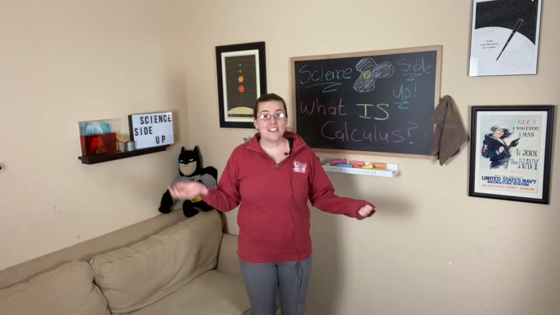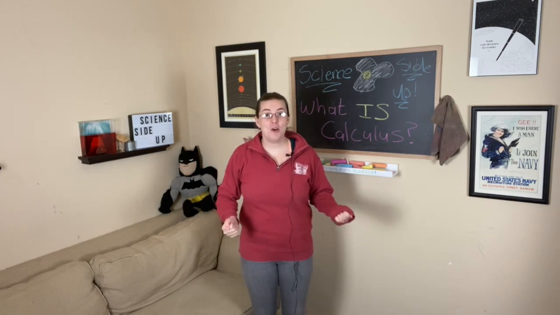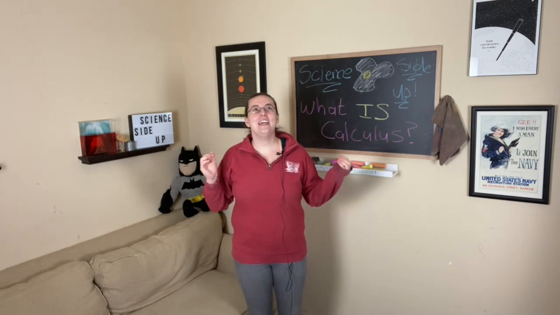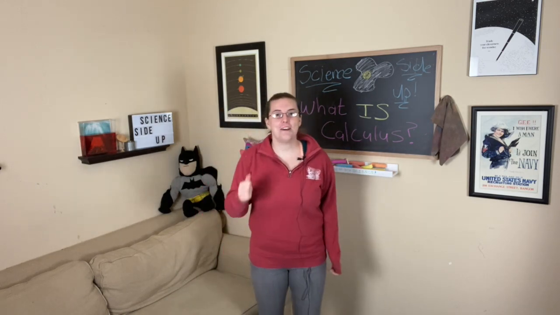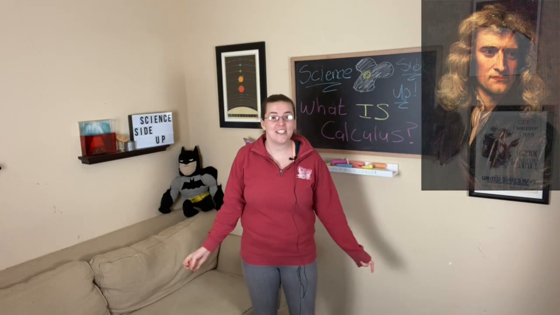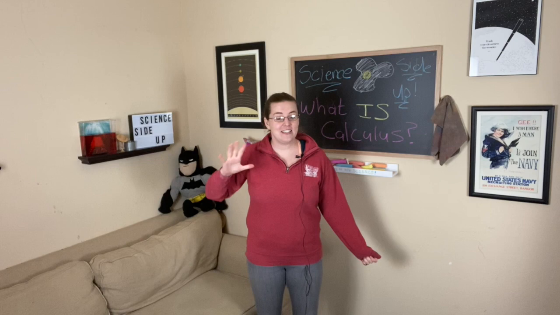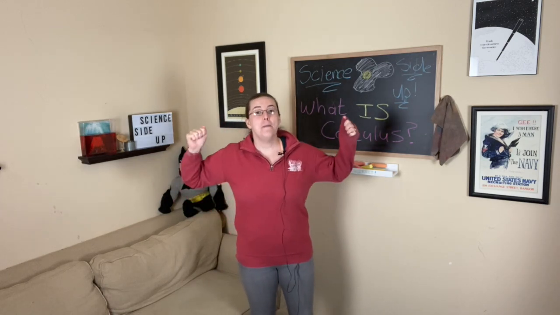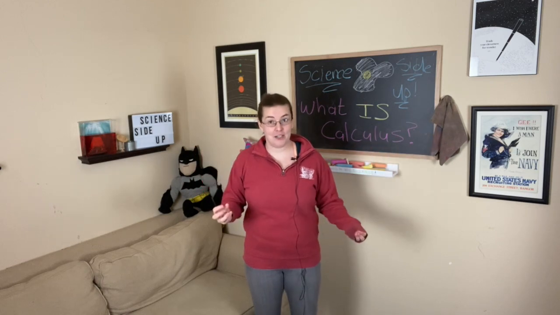What does calculus have to do with pandemics, you ask? Great question. So, in 1665, Sir Isaac Newton was living in Cambridge, England. And that year, the plague, yes, the bubonic plague, made its way to Cambridge.